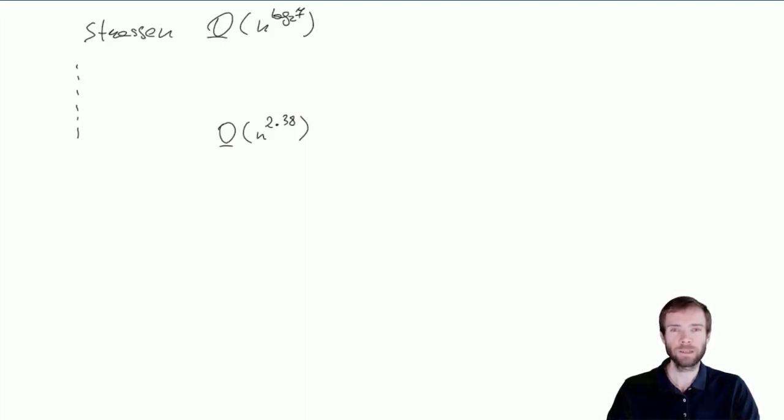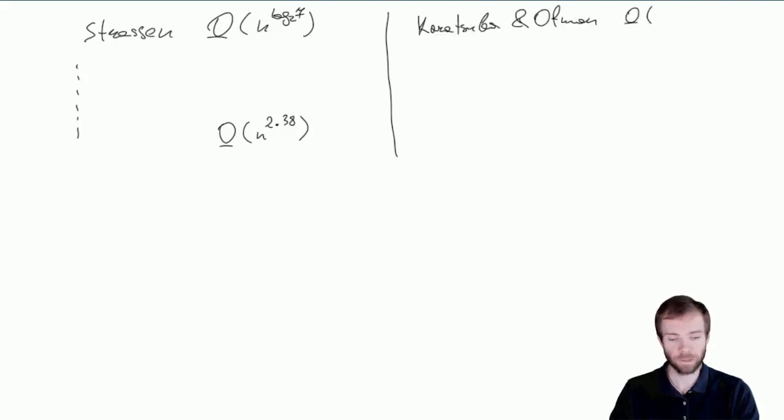But here we can find a parallel to multiplying integers. If we are talking about integer multiplication and bit complexity, then our first algorithm that we've learned was Karatsuba's, and this algorithm had big O of n to the power of log 3 base 2 complexity.